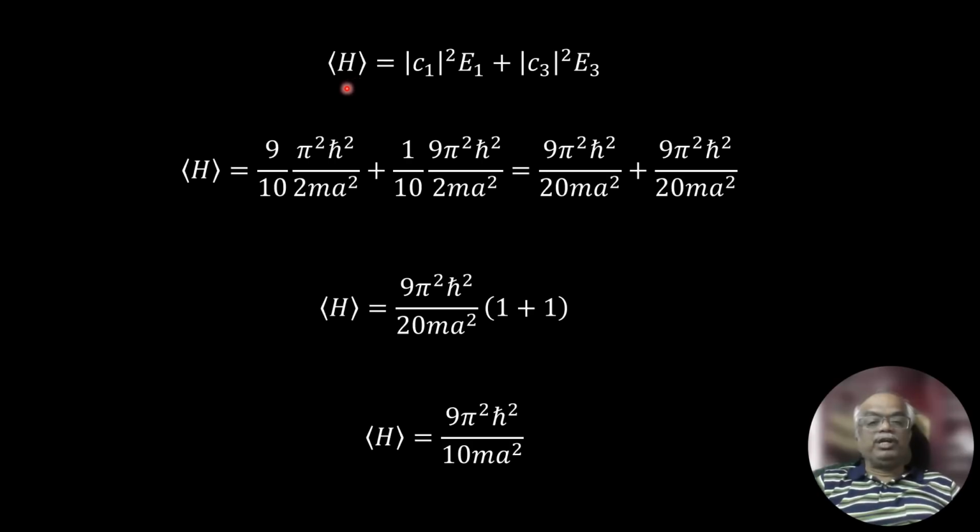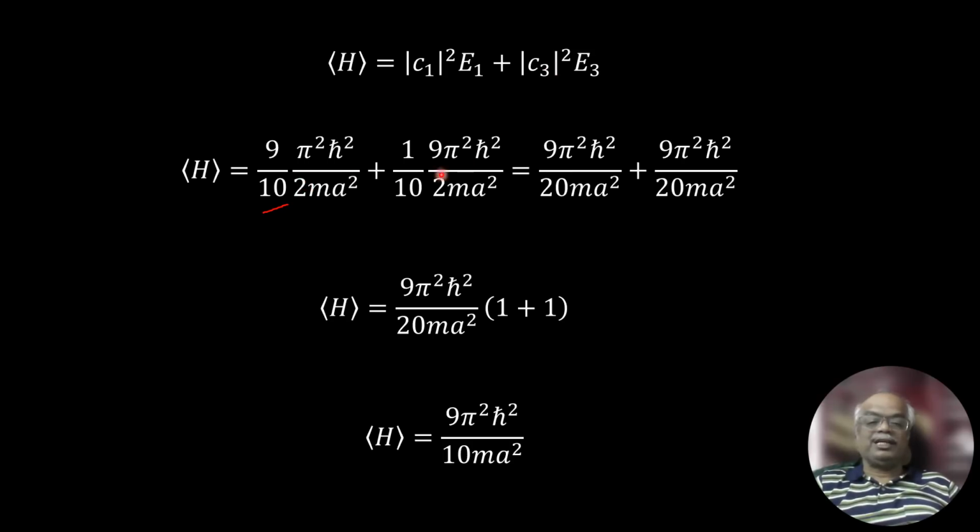Now we have to find the expectation value of energy. That is the expectation value of the Hamiltonian, which is equal to modulus C1 squared E1 plus modulus C3 squared E3. Modulus C1 squared is 9 over 10, and E1, since n squared is equal to 1, will become π squared ħ squared over 2ma squared.